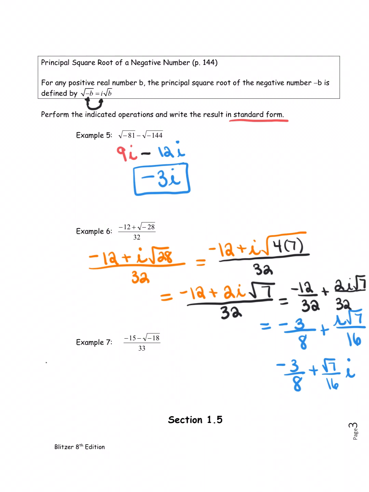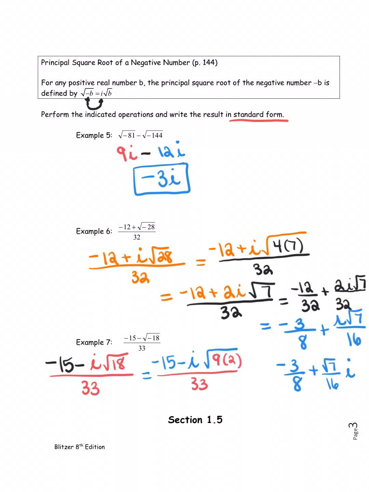Example 7, we have negative 15 minus, once again, we have a negative inside the radical. There's the i part, square root of 18 over 33. We have negative 15 minus i. A perfect square that goes into 18 is 9 times 2. We know the square root of 9 is 3, so negative 15 minus 3i square root of 2 all over 33.